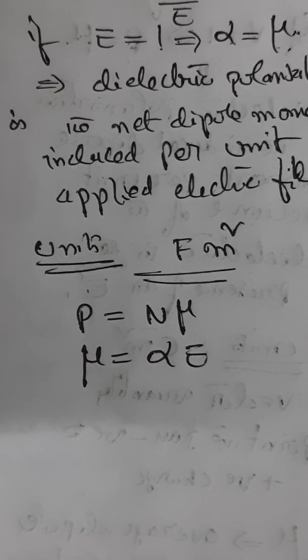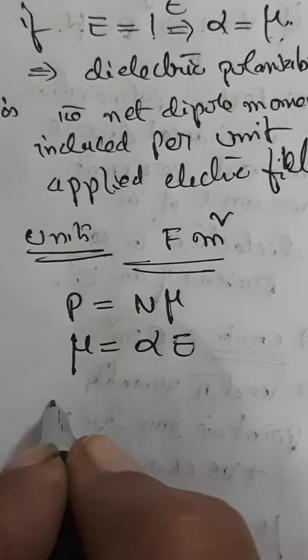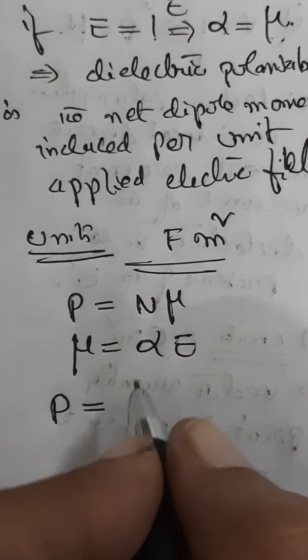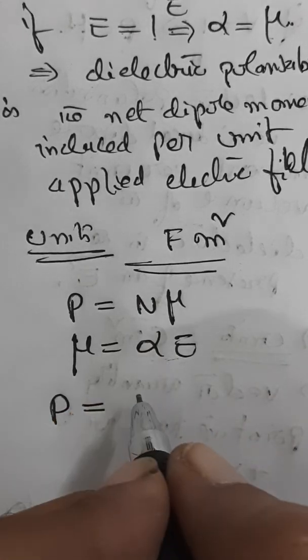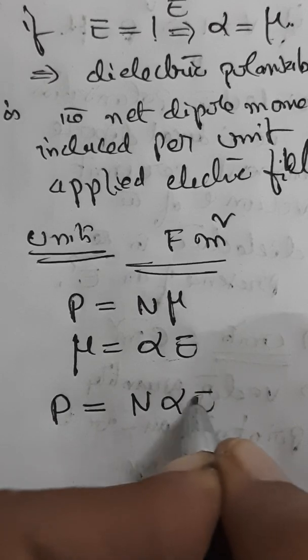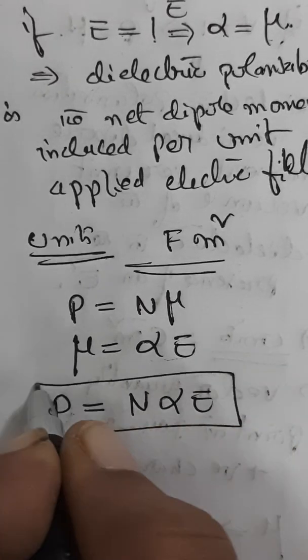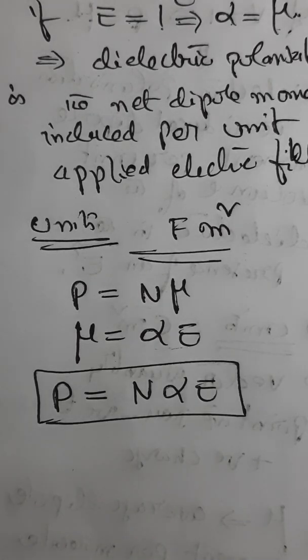Now from these two equations, you can substitute alpha E for mu in P equals N mu. So P is equal to N alpha E. You can calculate this equation. Got the point?